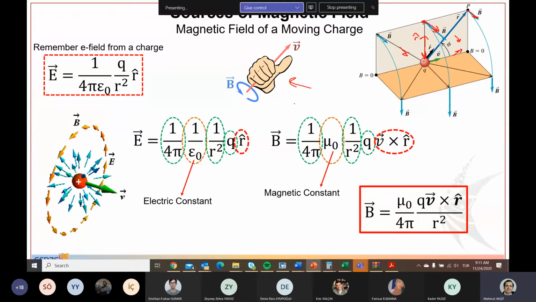You take your right hand and align your thumb with the velocity vector, and the curl of your fingers shows the circular pattern of the magnetic field vectors.